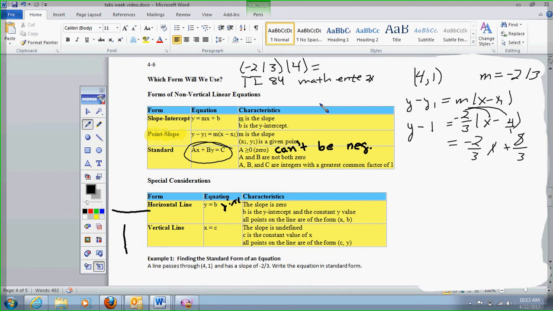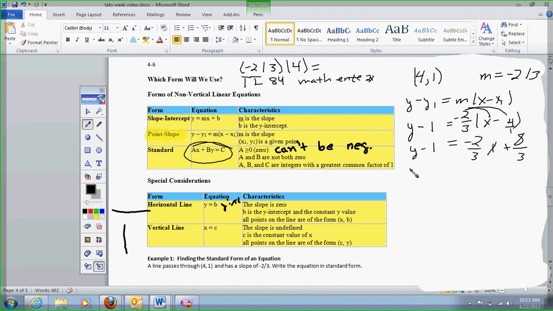That'll turn a decimal into a fraction. So there's a little calculator help for you. But that's how I would do it: top times top, bottom times bottom, negative times negative is positive, 2 times 4 is 8, 3 times 1 is 3. Bring the rest down.